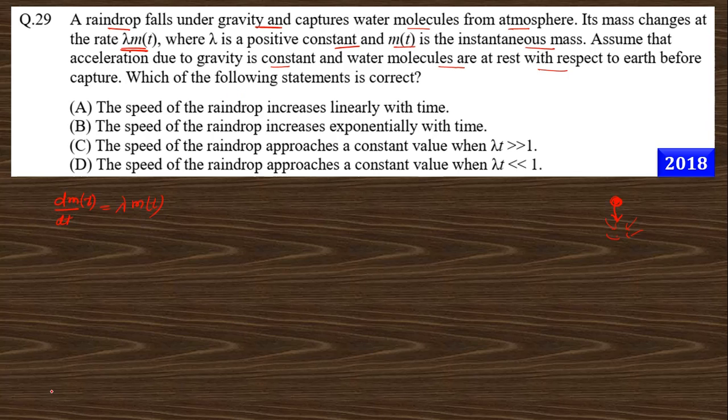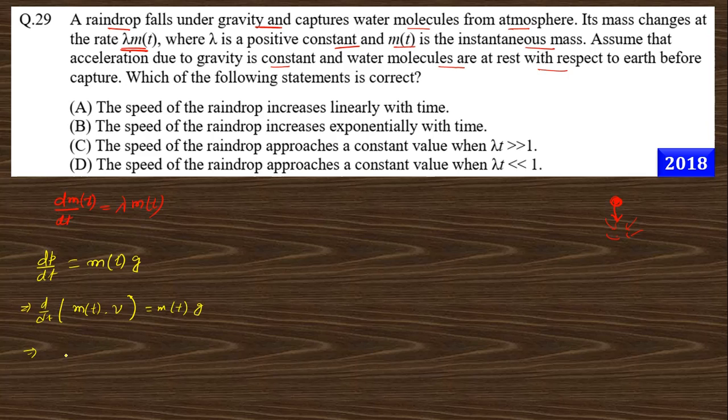When it moves, you can write the equation of motion: dp/dt is nothing but mg, the force. Here p is nothing but m into v, that is m(t) times v.